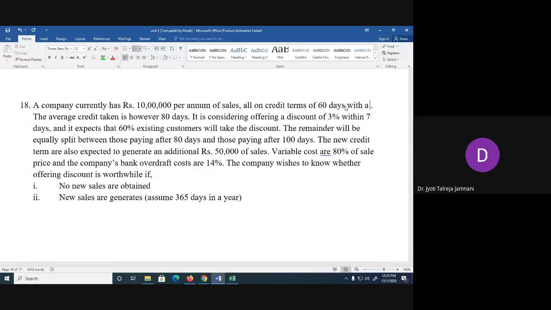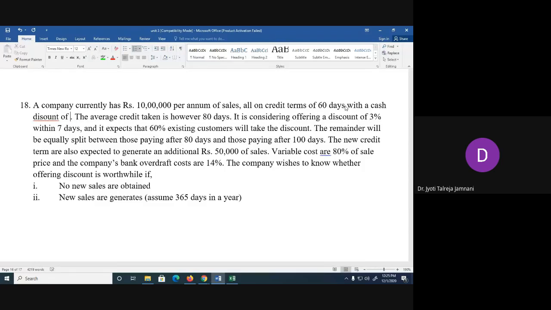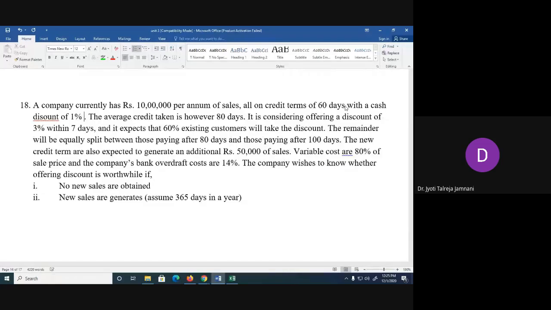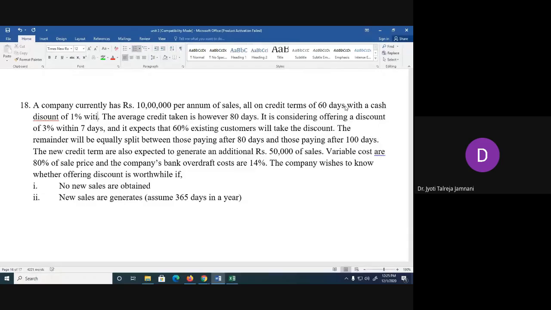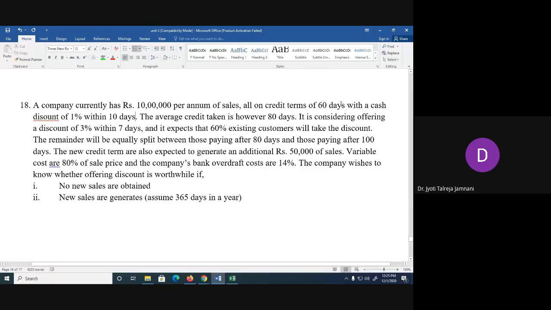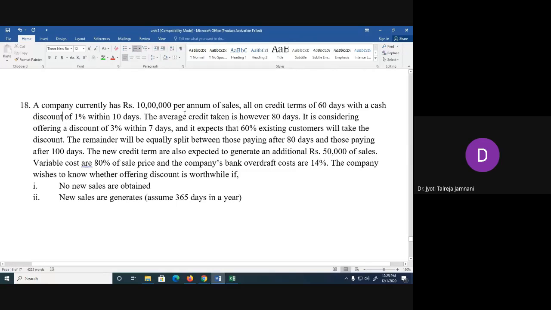With a cash discount of 1% within 10 days. Okay, so if the customer pays within 10 days, he will get 1% discount. This is there in the existing plan. And in the new plan, it is considering to give 3% discount within 7 days.